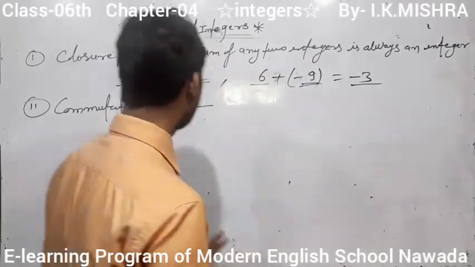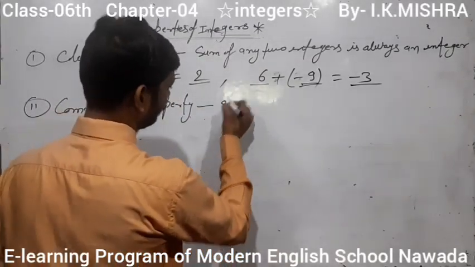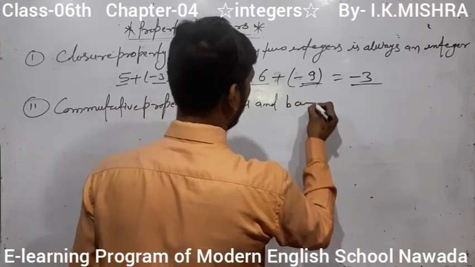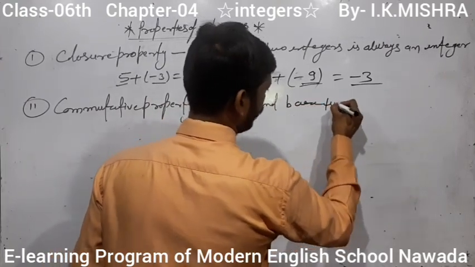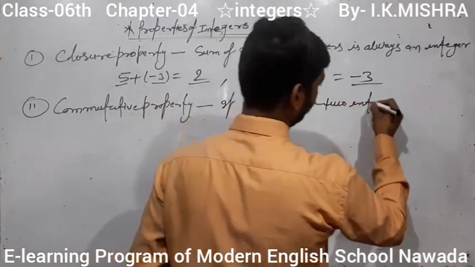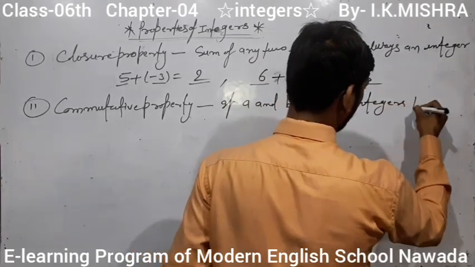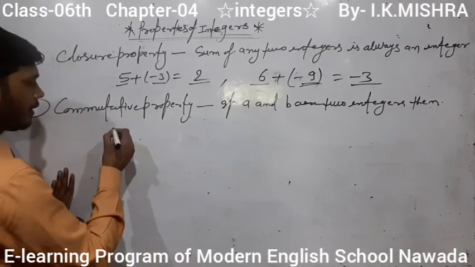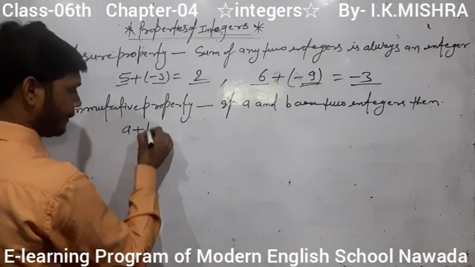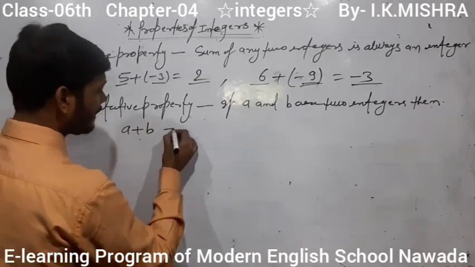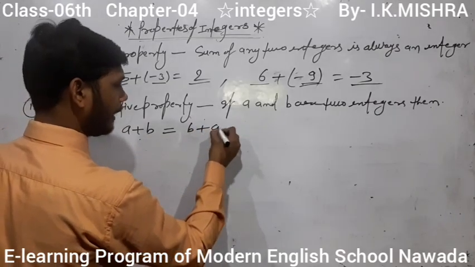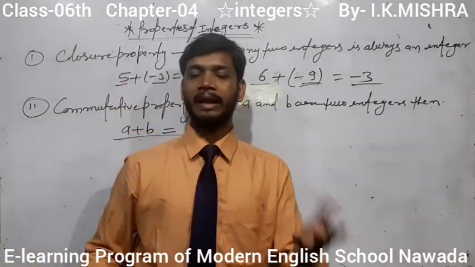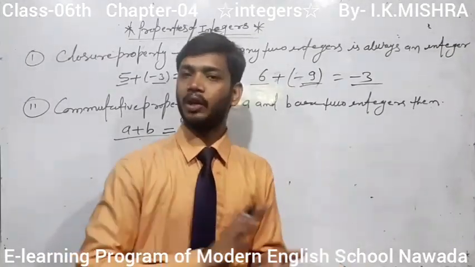Similarly, students, here if A and B are two integers, then A plus B is equal to B plus A. Friends, when you change the order of integers in addition, then its value will not change.